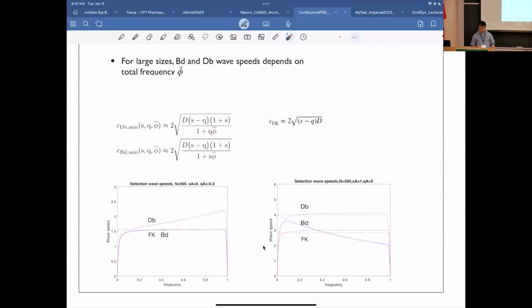The dots here are the formulas, and the solids are the numerical simulation, and it turns out that our PDE is, at least for estimating the Fischer wave speeds, seems to be working.